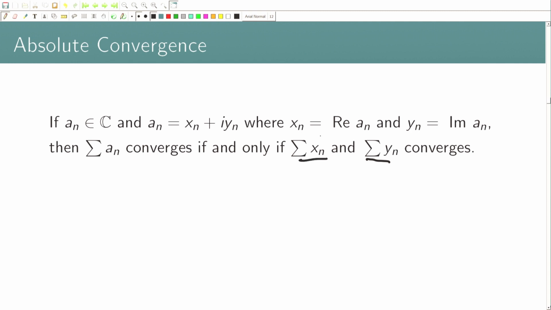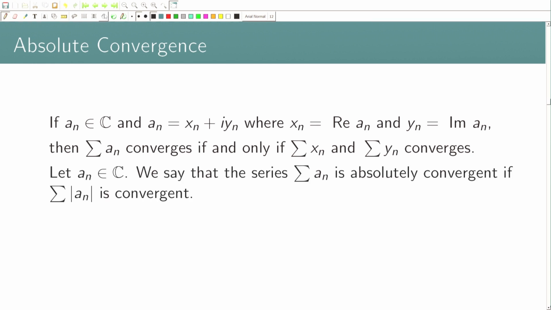Now, in this case, we will say that the series A n is absolutely convergent if summation over mod of A n is convergent. Now, mod of A n is a non-negative real number.